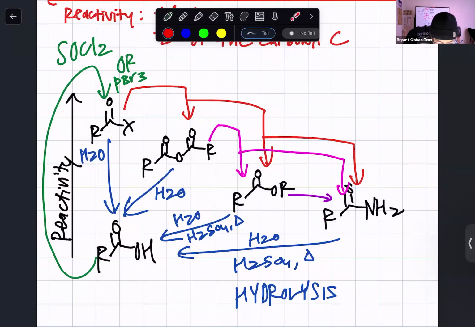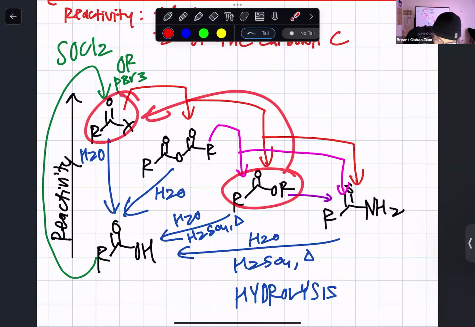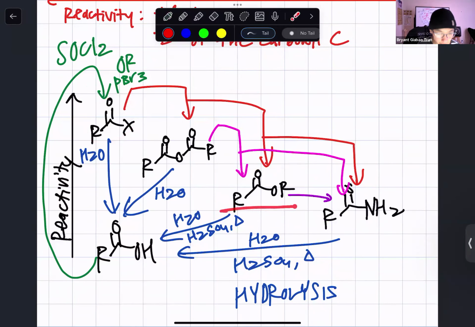So let's say that you want to convert an ester into an acyl halide. You cannot do that in one singular step, right? Because the ester is a lower reactive derivative than the acyl halide. You would have to do multiple steps, where the first step is hydrolysis back into the carboxylic acid.